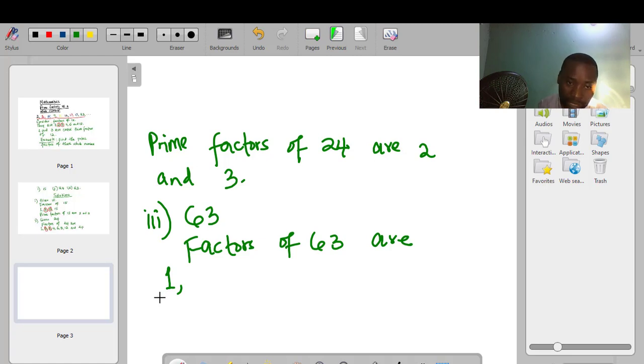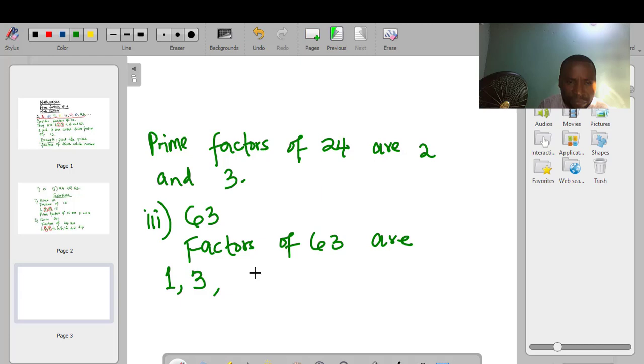If we go to 3, 3 is a factor of 63 because 21 threes is 63. 4 is not. Since 2 is not a factor of 63, 4 will not be. 5 is not a factor of 63. If you look at the test of divisibility, we discover that 5 is not a factor of 63 at all. 6 is also not. Since 2 is not, 6 can never be.